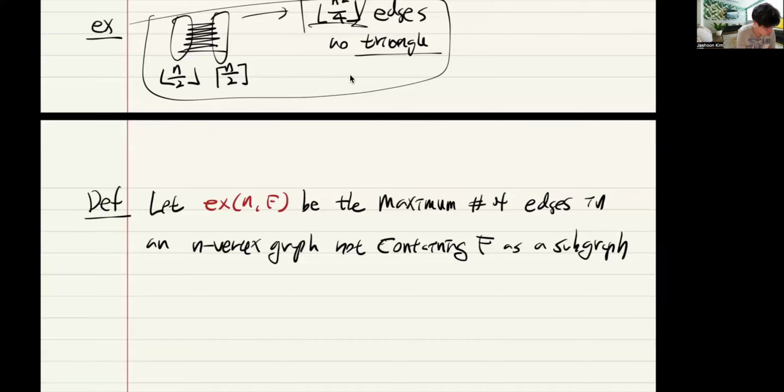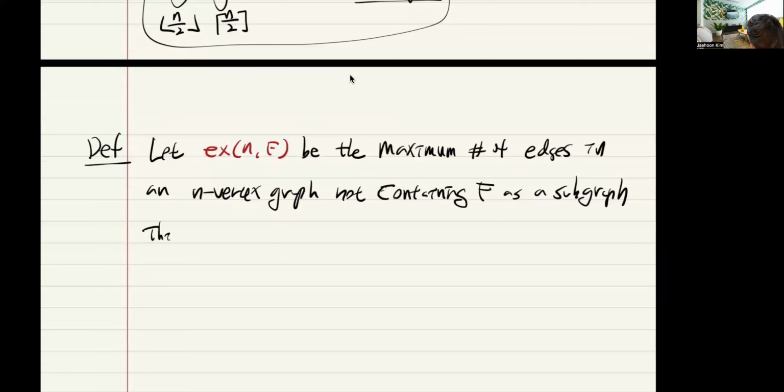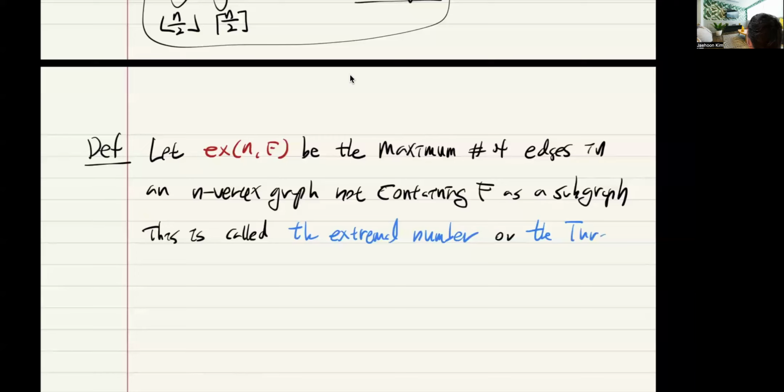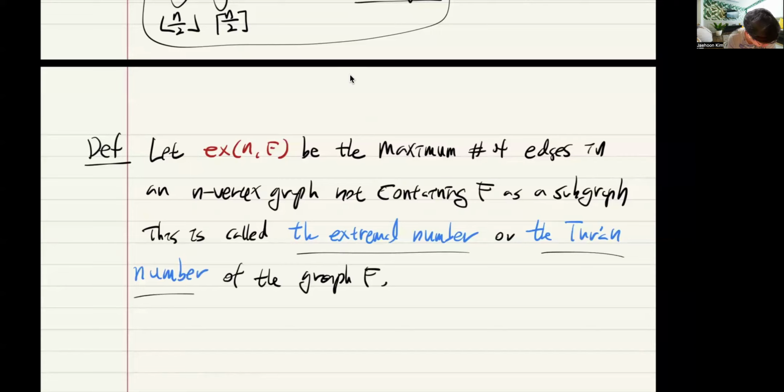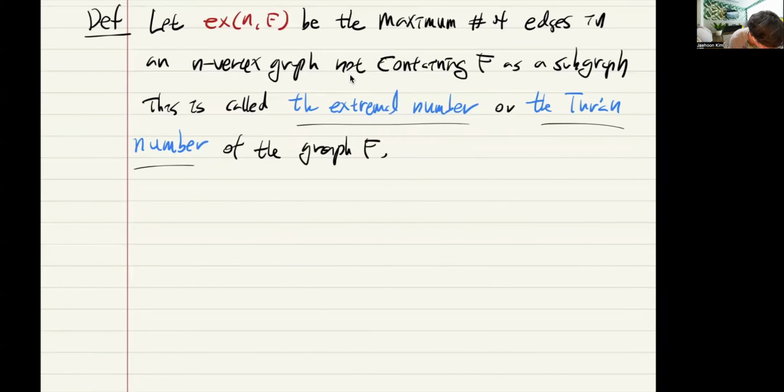And this is called the extremal number, or the Turan number, of the graph F. So technically this is a function. For fixed F, this is a function of n. However, we just call it the extremal number, the Turan number, but it is actually a function.